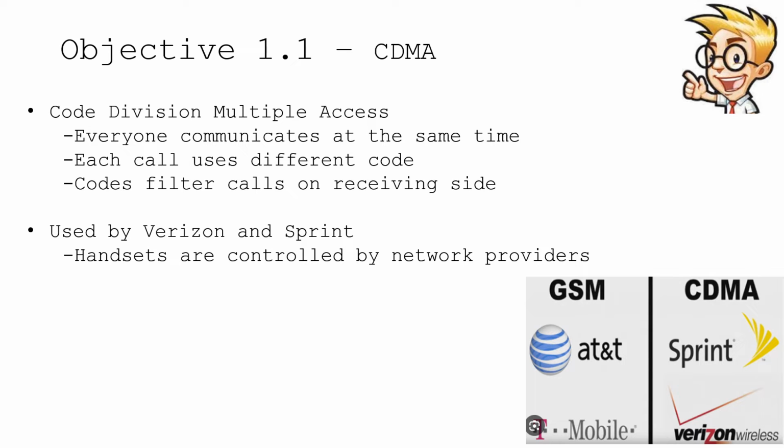In the United States, CDMA was commonly used by Verizon and Sprint. They controlled exactly what handsets you're able to use on these networks. And unfortunately, CDMA wasn't popular in other parts of the world with other providers.